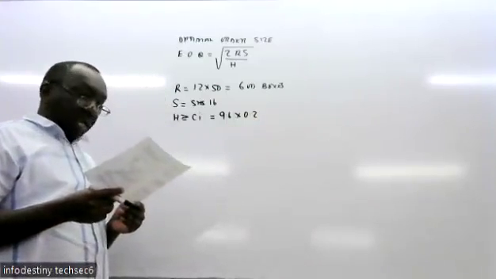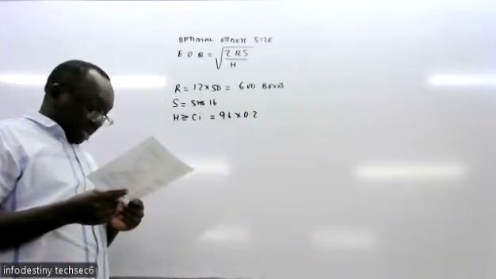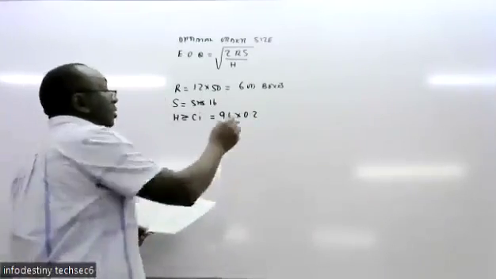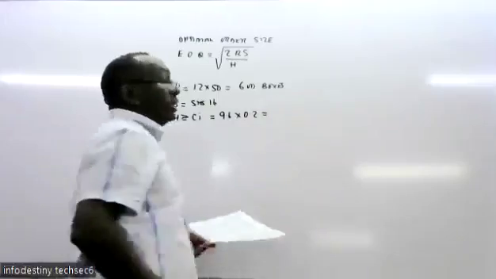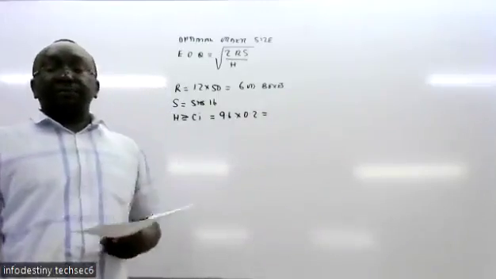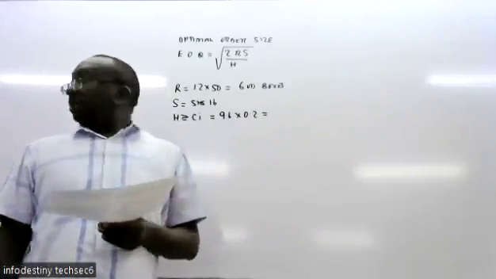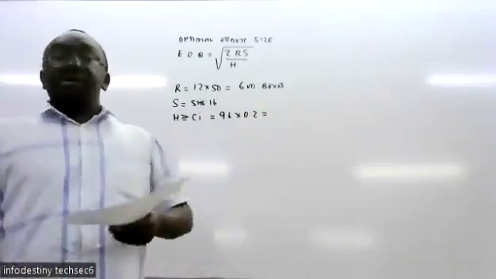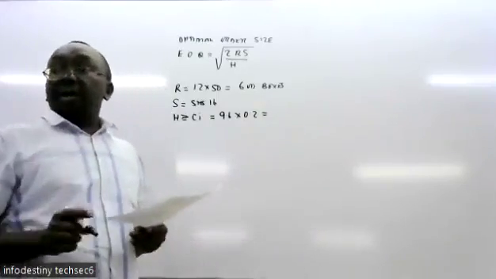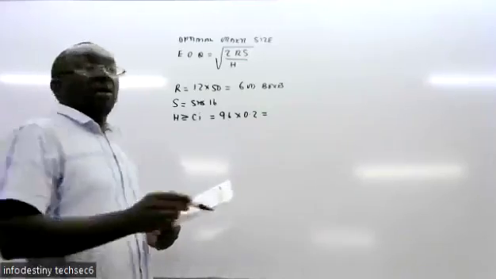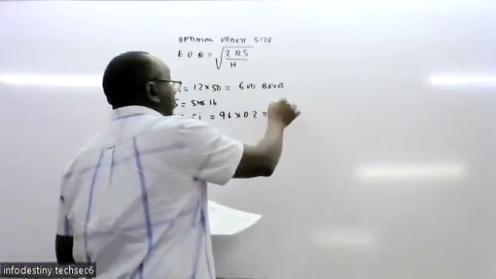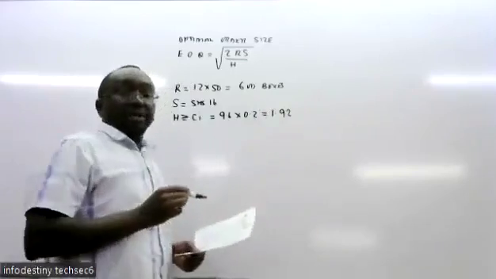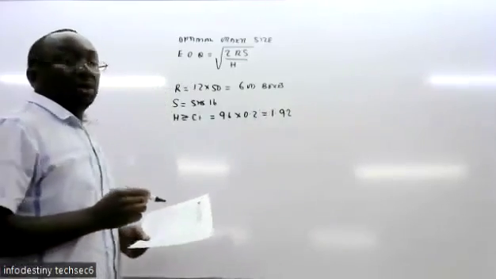They are not mentioning anything else about the holding cost. So that means the holding cost per unit will be 1.92.